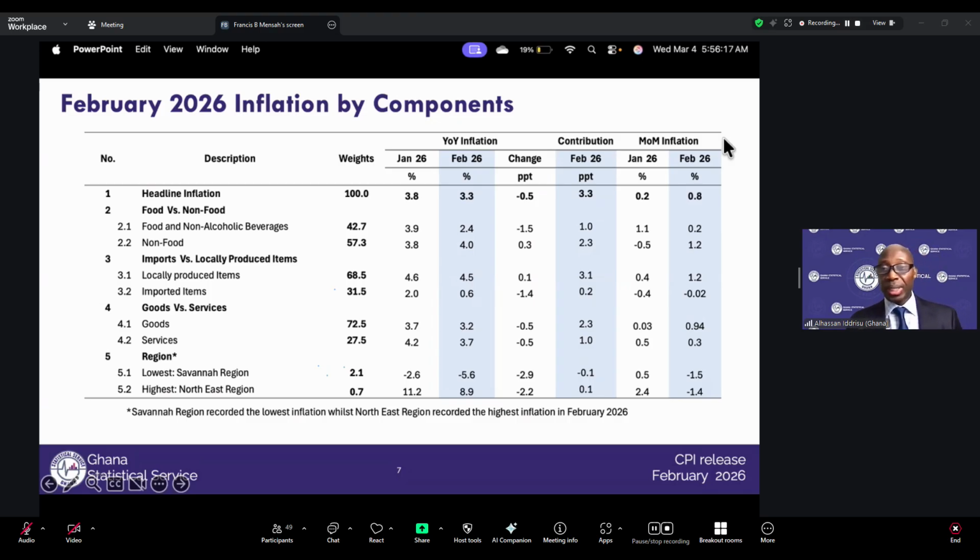gap. And here you see that there's a lot of infrastructure projects, whether they are roads, whether they are bridges, etc., to help address some of the bottlenecks we have, which is causing wide variation in regional inflation.